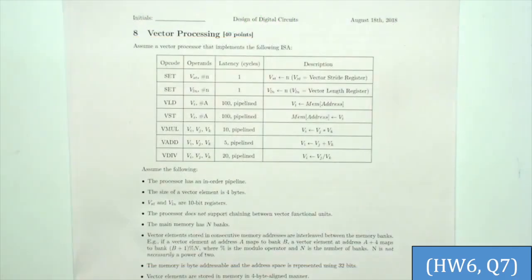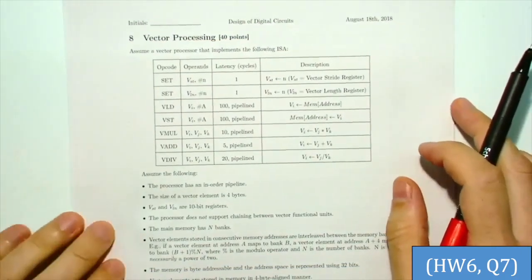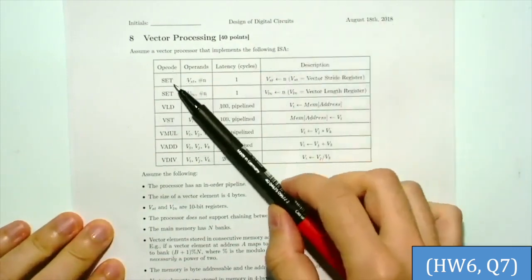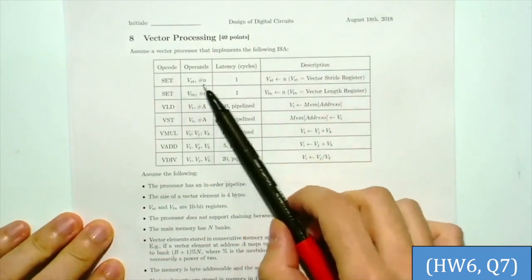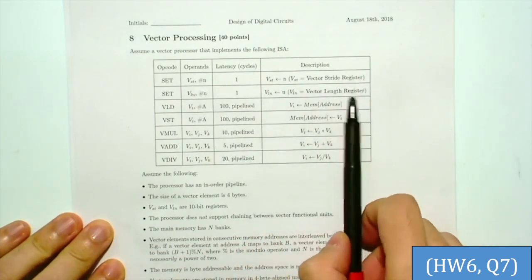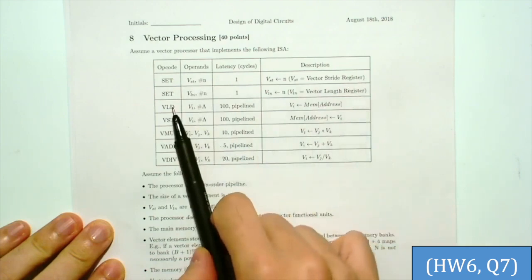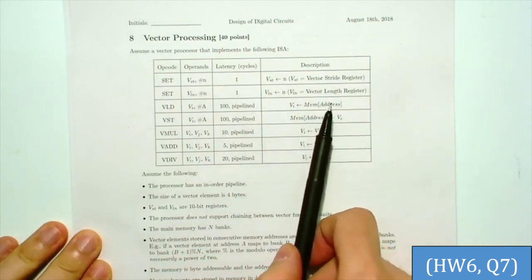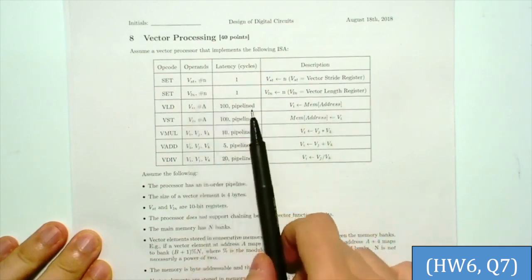Okay, this question is about vector processing. So we assume a vector processor that implements the following ISA. We have set instructions to set the vector stride register and vector length register. We have load, which loads from memory into a vector register.